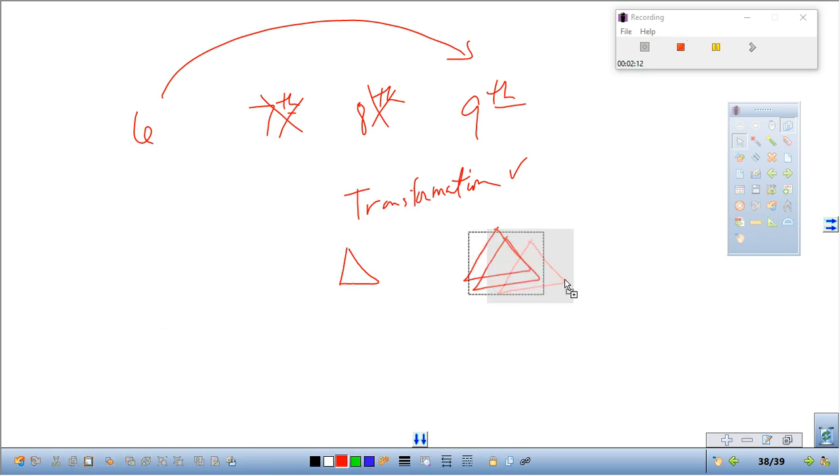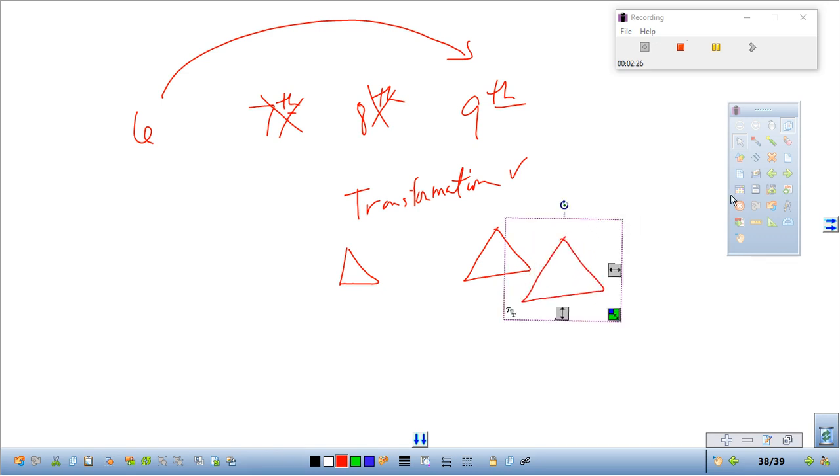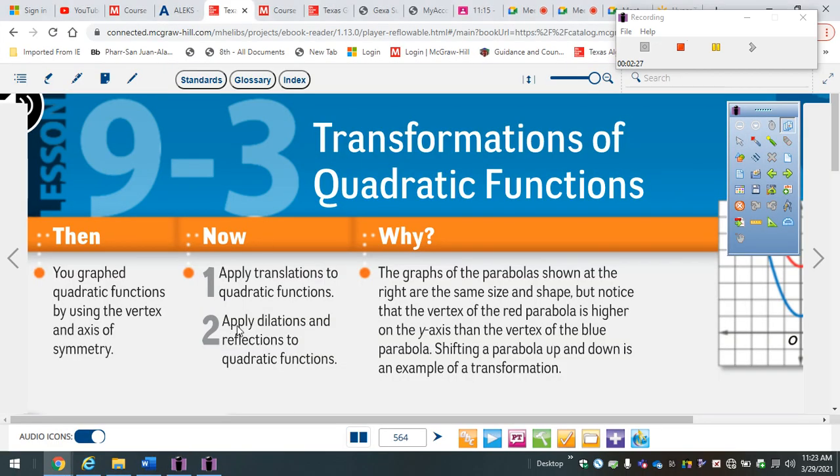We're going to get this triangle and make it bigger, maybe even turn it, flip it, whatever. We're going to do stuff to it, and that's what this is saying right here. We're going to apply dilations, make it bigger or smaller, and reflect it, turn it over, all these little slide things that we're going to do to it.